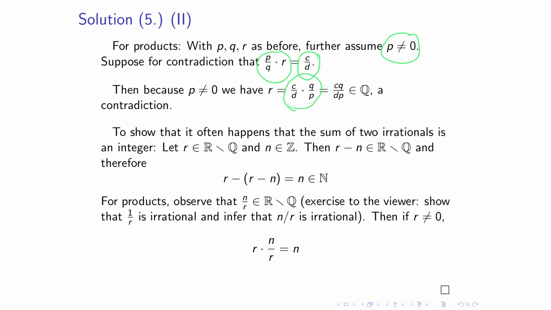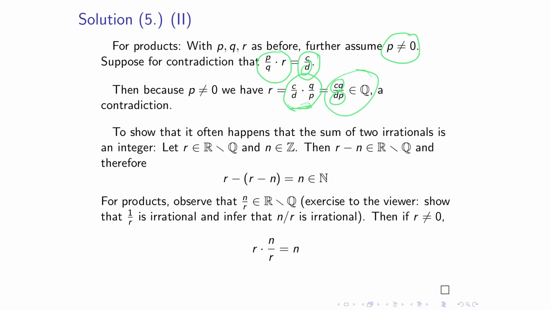And that must exist because we know p is non-zero. So I can do this because we assume that p is non-zero. We are also assuming that d is non-zero, therefore dp is non-zero. The numerator is an integer, and therefore that makes this a rational number. Yet again, that delivers a contradiction.